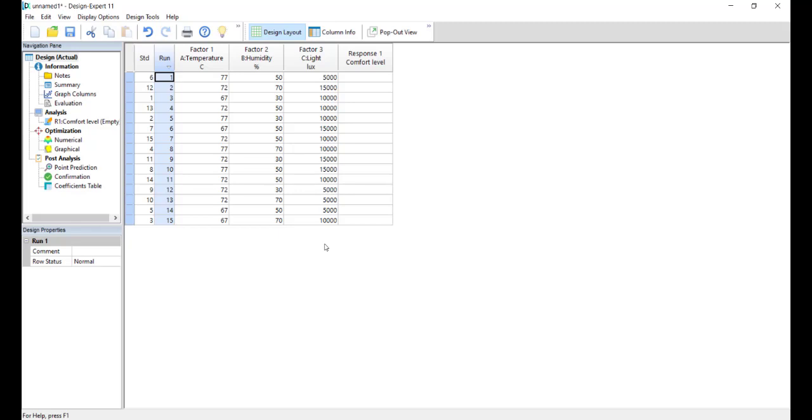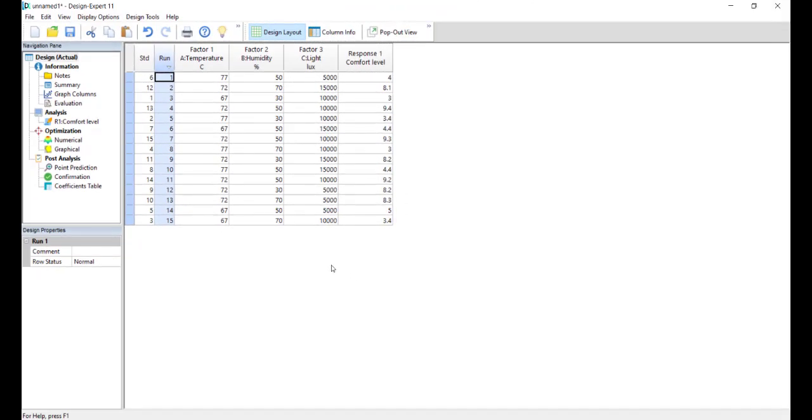Then we need to change these factors, temperature, humidity, and light, and ask that person to respond to our question about the comfort level and select one value between 1 to 10 to define the comfort level for each one of these experiments. So let's go to the lab and do this part.